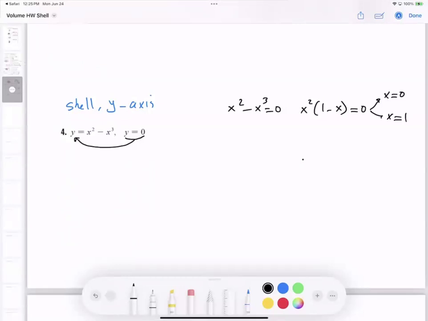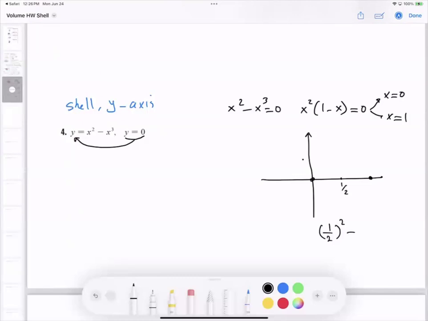Let us do our best to graph this guy. And here we go. When x is equal to 0, you have 0. At 1, it becomes 0 again. But if you plug in a half, see what you get. I'm doing just the algebra.